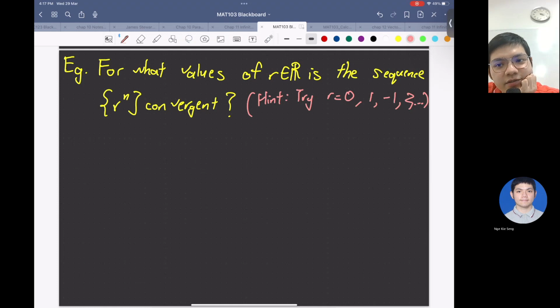This example is very important for the future. In future, we'll keep looking at this type of sequence over and over again.